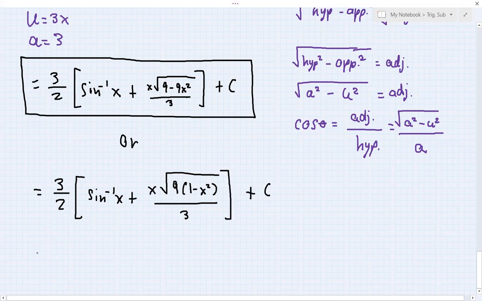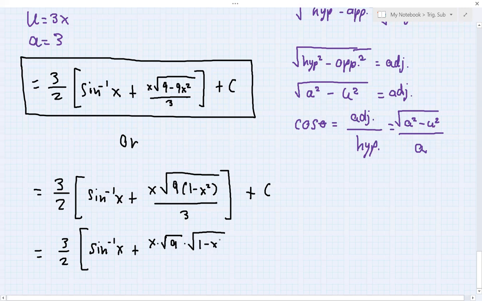Okay? So, we can further bring out arcsine. Arcsine plus, ito, kaya natin itong ilabas. So, this is x times square root of 9 times square root of 1 minus x squared all over 3.